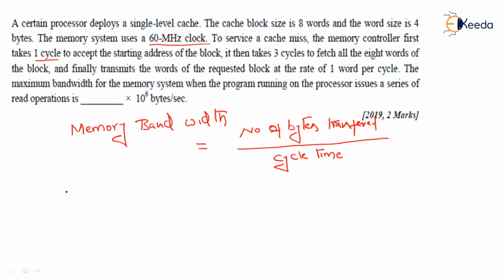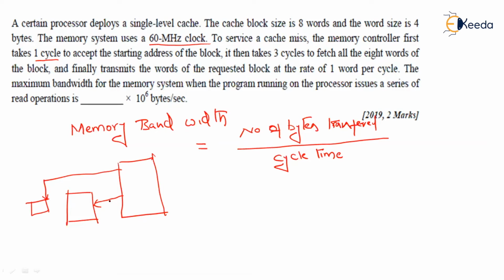You know that during a miss, the control will go to the main memory and the block will be accessed, rather the word will be accessed from the main memory and it will be fed to the CPU. And meanwhile, the same block will get transferred to the cache memory.